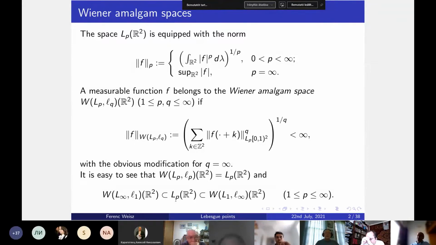This is contained in all L^p spaces, and the L^p spaces are contained in the largest such space, the space W(L^1, L^infinity). The smaller space W(L^infinity, L^1) is widely used in the theory of Gabor analysis. We often take the window functions from this Wiener amalgam space.